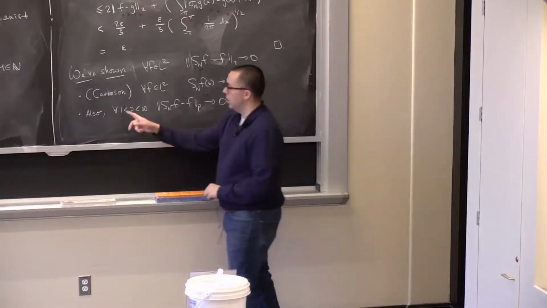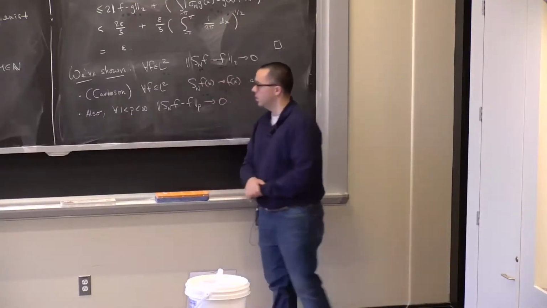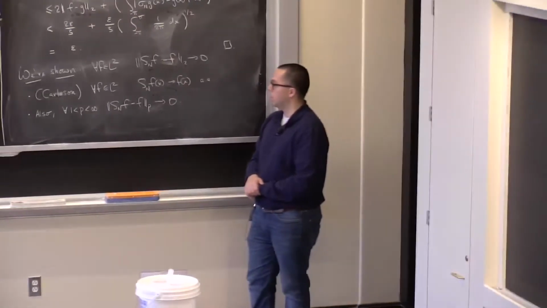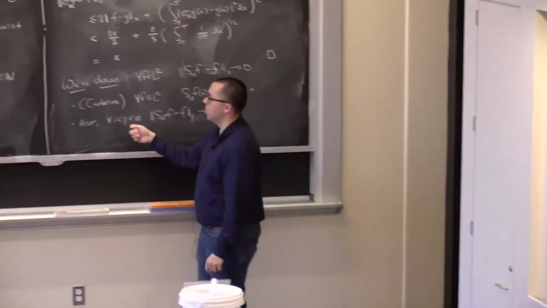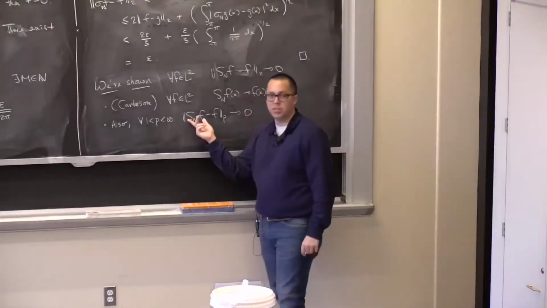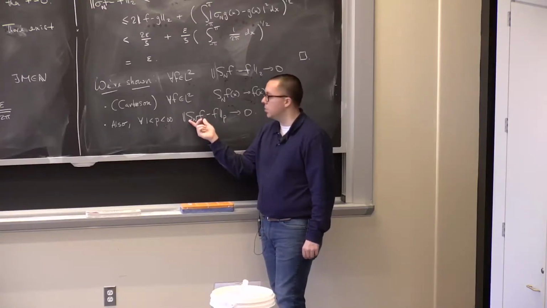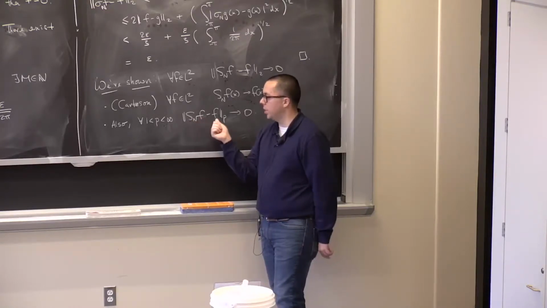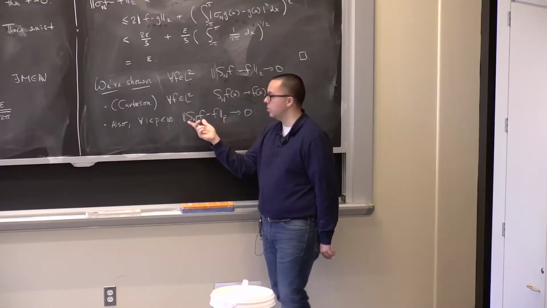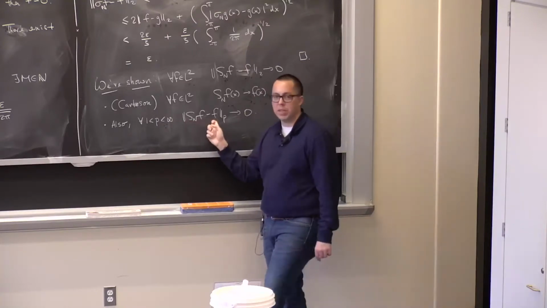When p equals 1, this is false. And when p equals infinity, this is also false, because the partial sums are finite linear combinations of exponentials and therefore continuous functions. So you can't have this for an arbitrary function in L infinity, which can be discontinuous, it just has to be bounded, because the limit would have to be continuous.